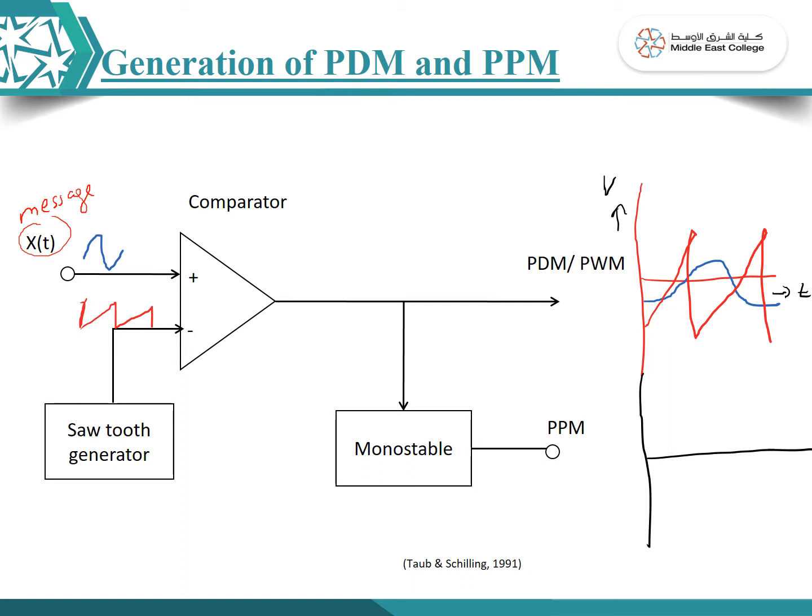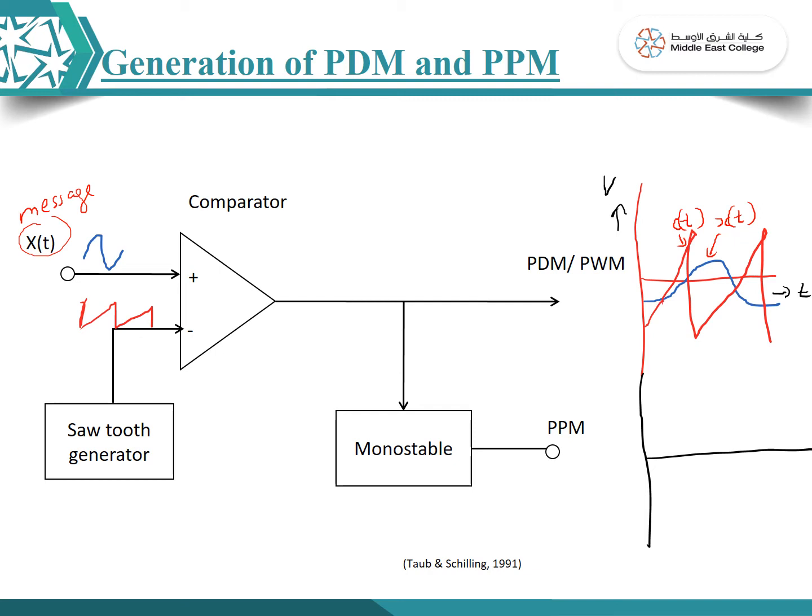Now these are the two inputs. This is the message signal x(t) and this is the sawtooth wave, say I will represent it as c(t). This is the sawtooth waveform. Now what we have to do is compare these two inputs applied to this comparator. Now look at this point, where these two inputs meet.